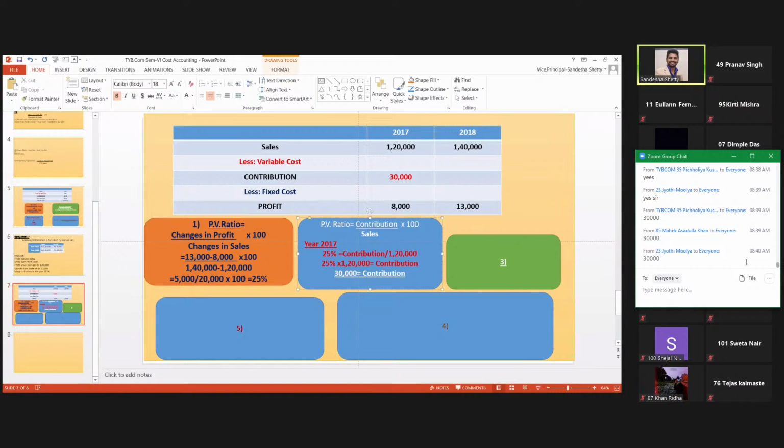If you want to do it for 2018, then do the same way, that is, 25% into, in place of sales, we will put 1,40,000, so you will get the answer. For year 2018 the PV ratio is 25% because the PV ratio of both is the same, into 1,40,000. How much? 35,000 is the contribution for the second year.